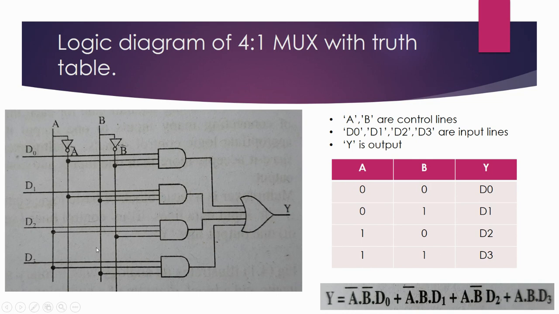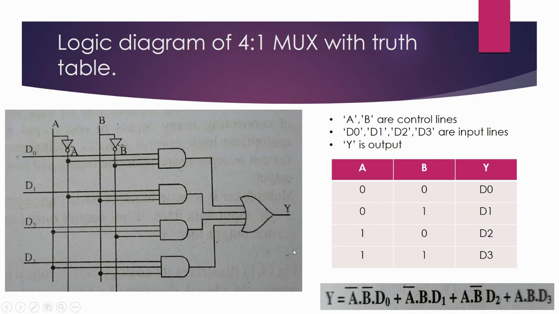So AND gate number 4 is also getting a 1 for B. Both are high, so automatically the output here will be 1. So whatever the D3 value is, you will get the D3 value here, and that D3 value will be passed to this OR gate, and in the output we will be getting the D3 value.